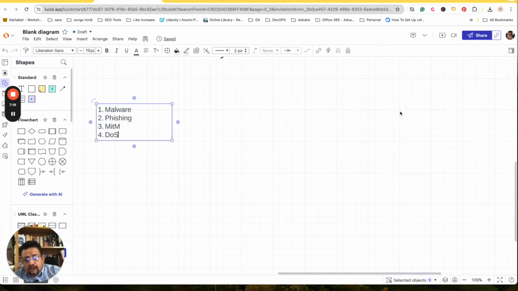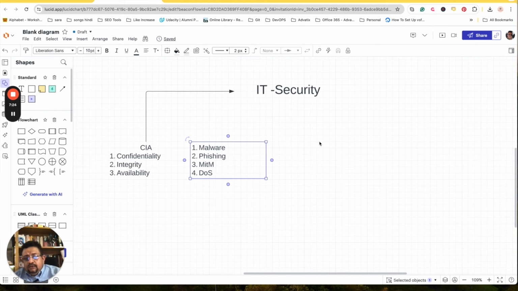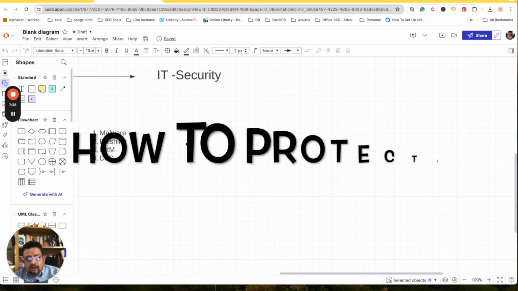Till now we have learned that IT security is the CIA triad, which covers confidentiality, integrity, and availability. Under that, the common attacks are malware, phishing, man in the middle, and DDoS.